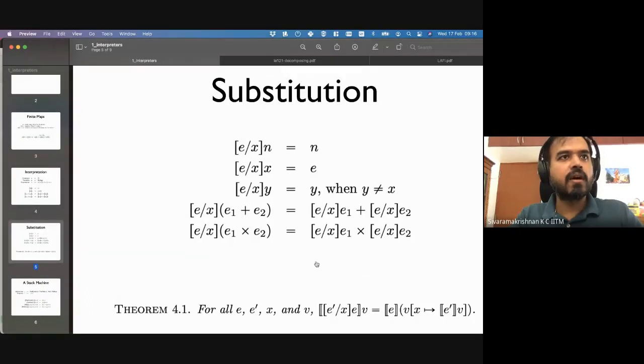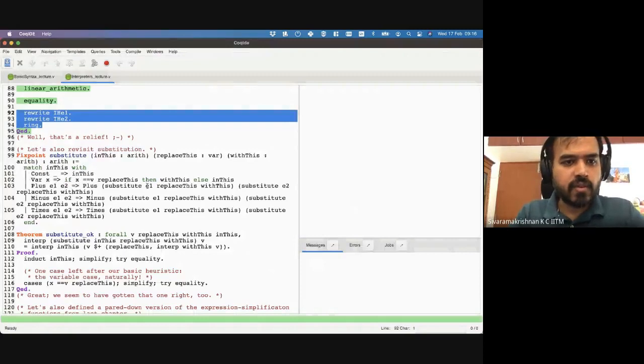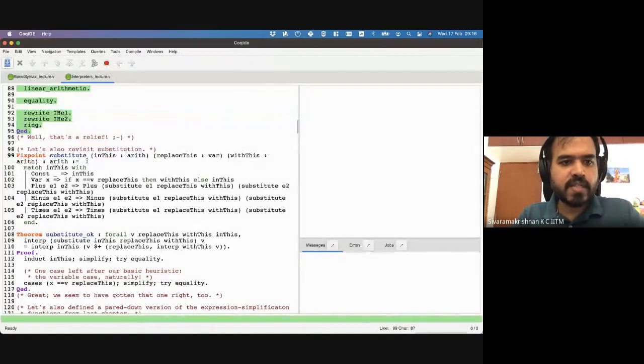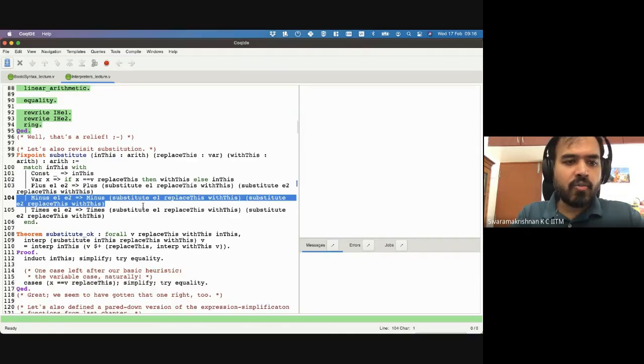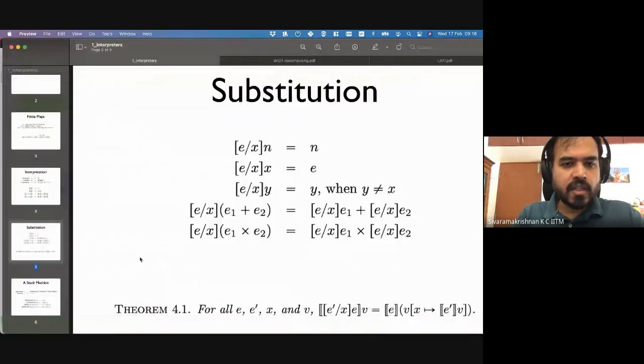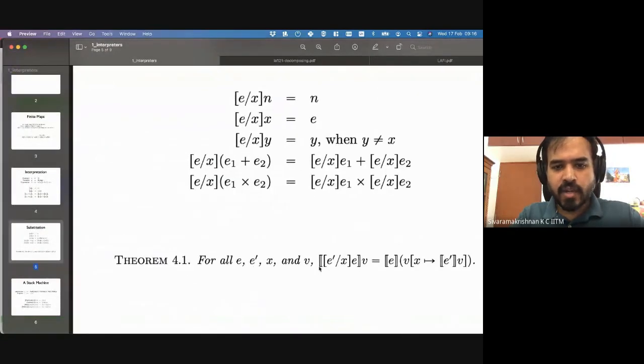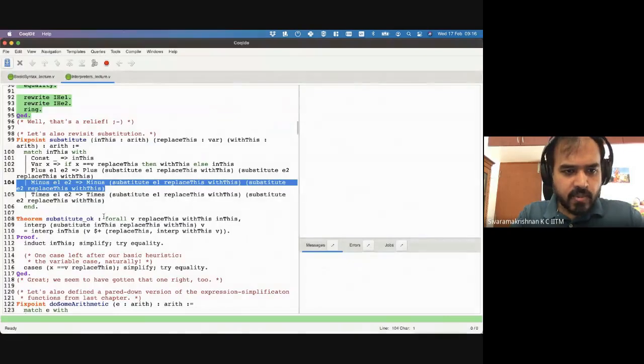Okay, so the substitution definition is here. Again, this is the same as before the last lecture, except that we have a minus, and the definition itself is quite straightforward in the sense that we are just substituting on the subterms, right? And now we have to show, so the encoding here, whatever I've written here, that's the same as what I've written here, right?